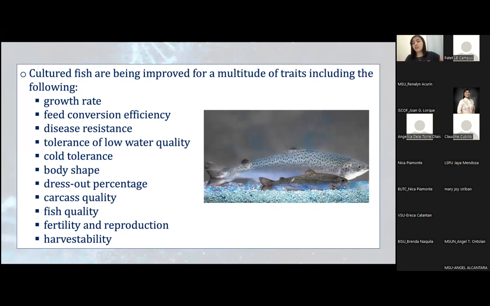So itong nakikita yung dalawang isdang ito, mamaya matatouch natin ito. So this is the regular salmon, and this is the genetically modified salmon. So ang dami dito, improving fish quality and everything, especially in aquaculture.